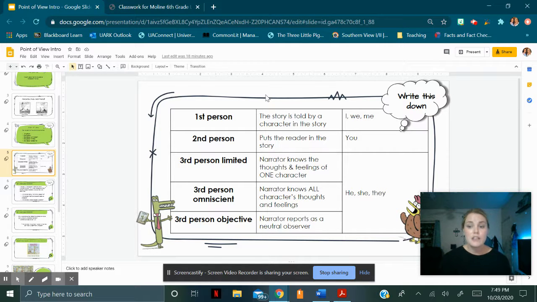So there's that objective word again. I hope you guys remember what it means. It means non-biased, like you don't pick a side, you're just reporting the facts. So think of it that way. Reporting the facts. And for third person point of view, the author will use words like he, she, and they.